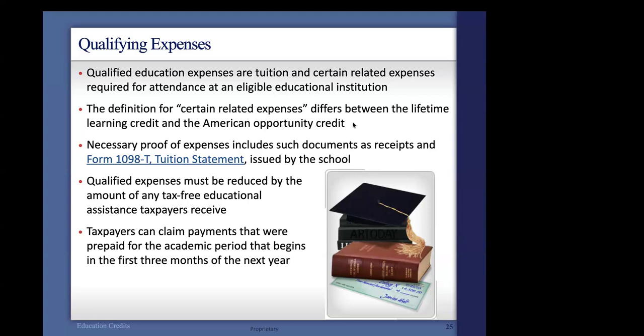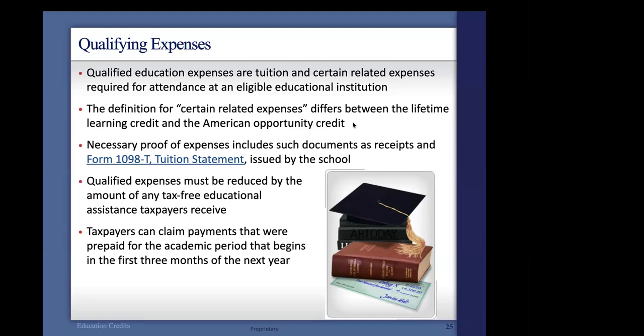And so if you have questions about whether or not the expense that they have listed on their receipt or on their tuition statement qualifies, then I will refer you to your publication 4012, your publication 17, or your 1040 instructions to determine whether or not that expense qualifies.